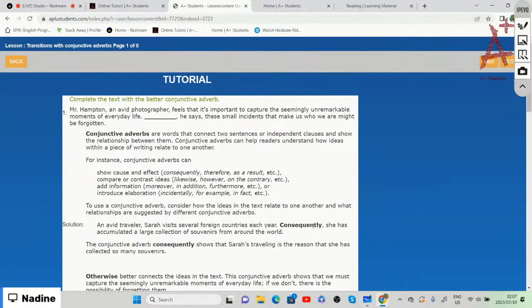If you want to add more information to whatever you already said, so you have your sentences, full stop, but now you want to add more information to what you already said or what you've discussed, then you can use words like moreover, in addition, furthermore, etc. Words like moreover, in addition, furthermore are basically words that tell us that you are about to add more information.